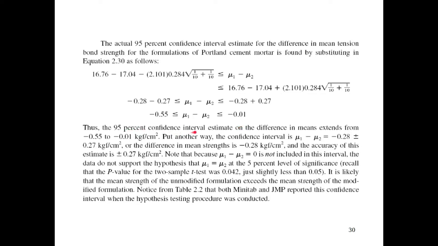Thus, the 95% confidence interval estimate on the difference in means extends from minus 0.55 to minus 0.01 kilogram force per square centimeter. Put another way, the confidence interval is minus 0.28 plus or minus 0.27 kilogram force per square centimeter.